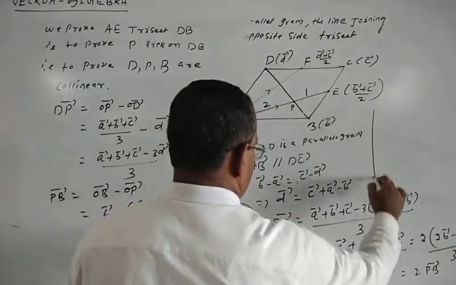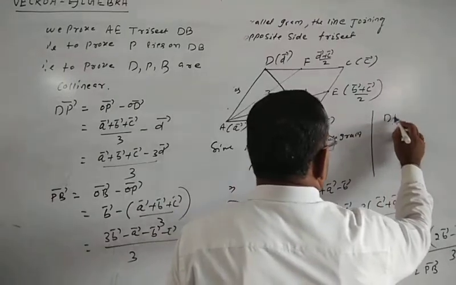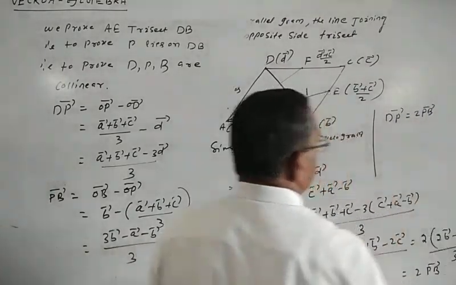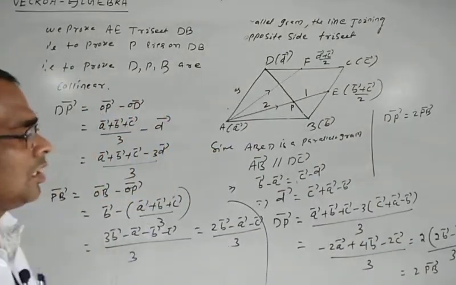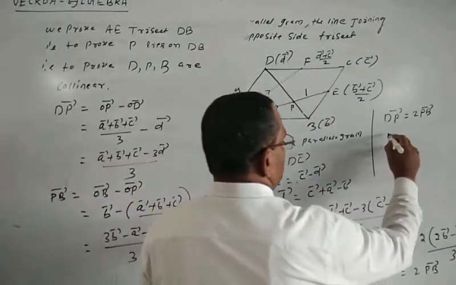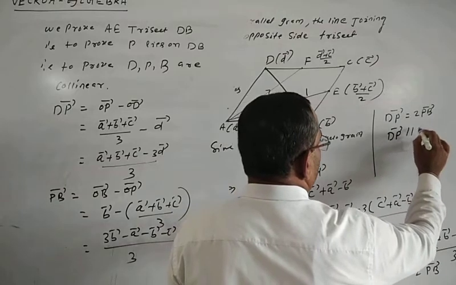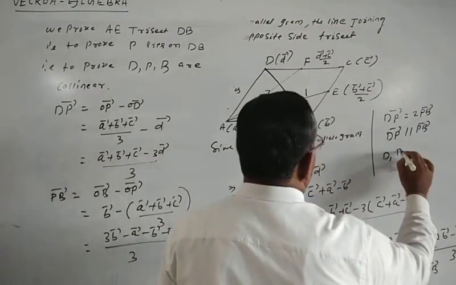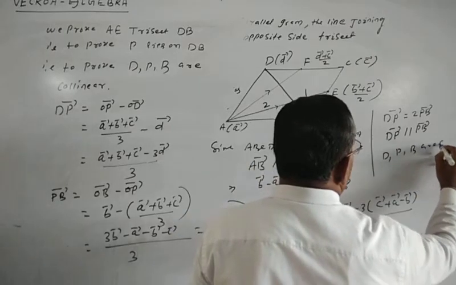That means DP vector is equal to 2 times PB vector. So one vector is a scalar multiple of the other. So DP vector is parallel to PB vector, and parallel to PB means D, P, B are collinear.